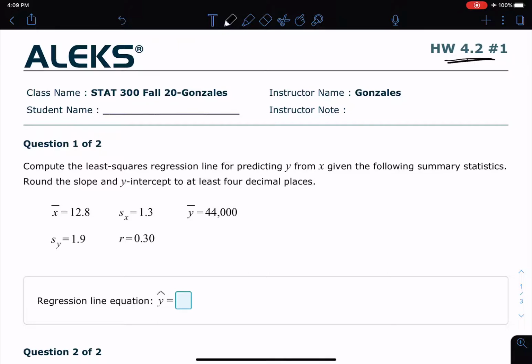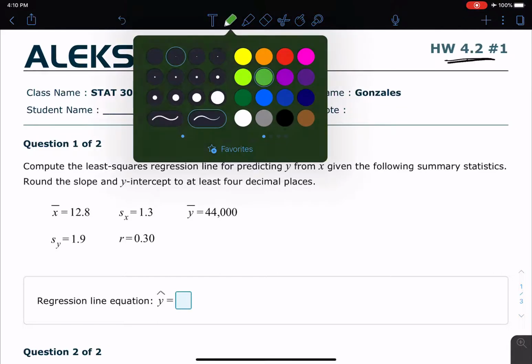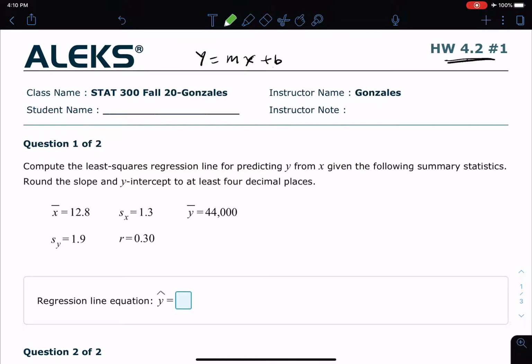Now, that formula for the least squares regression line, let me write it right here. I want to start by saying, remember from algebra, y equals mx plus b. This b value is our y-intercept, and our m value is the slope.